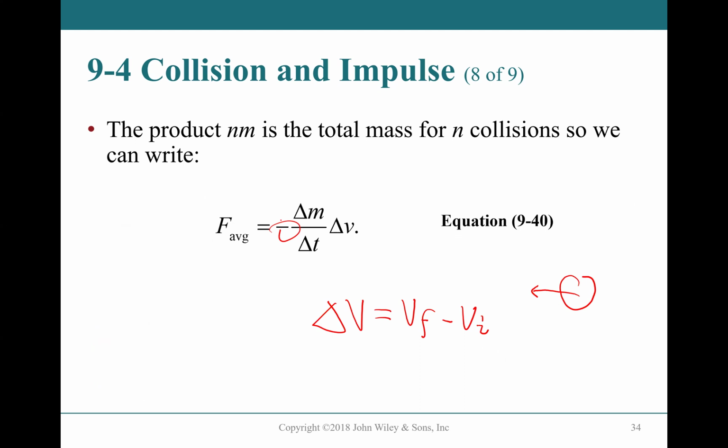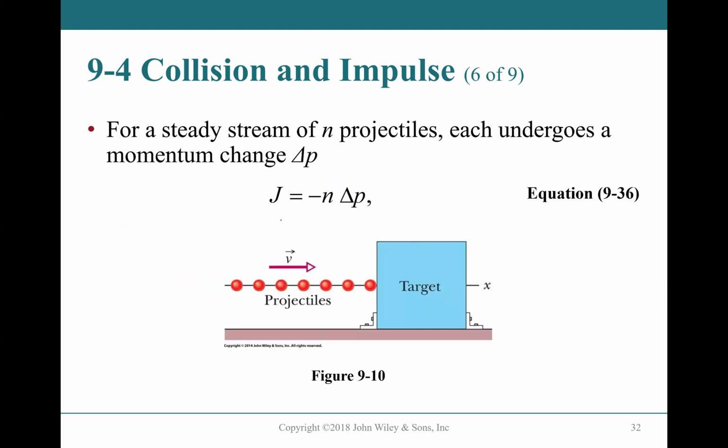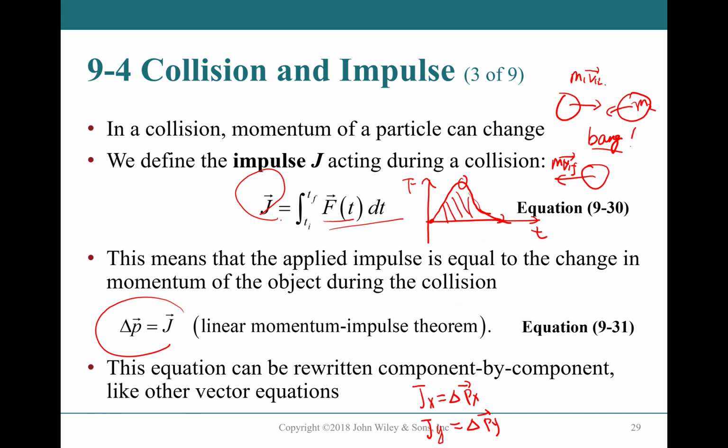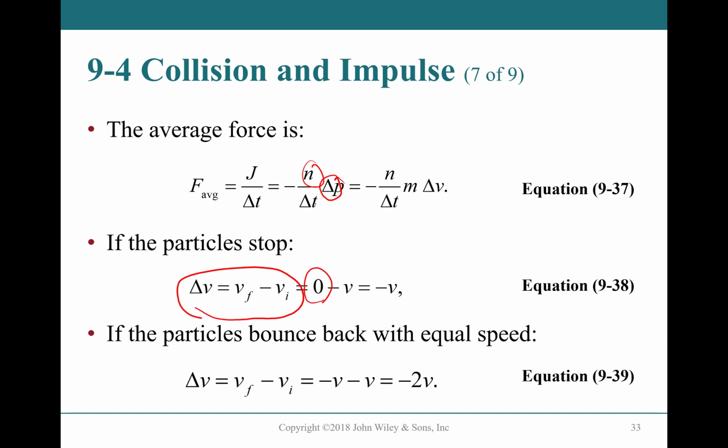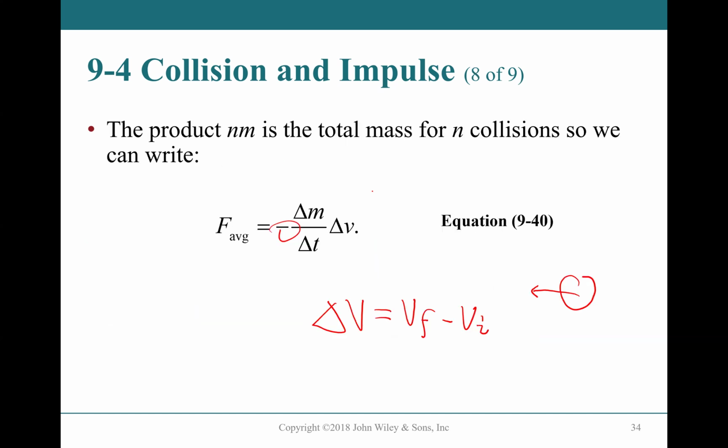Yeah, J equals delta p equals n delta p. Why do we have the negative sign? I don't think we have the negative sign here. It should be positive, but I have to double check why we have the negative. F average times delta t will be equal to the change of momentum.